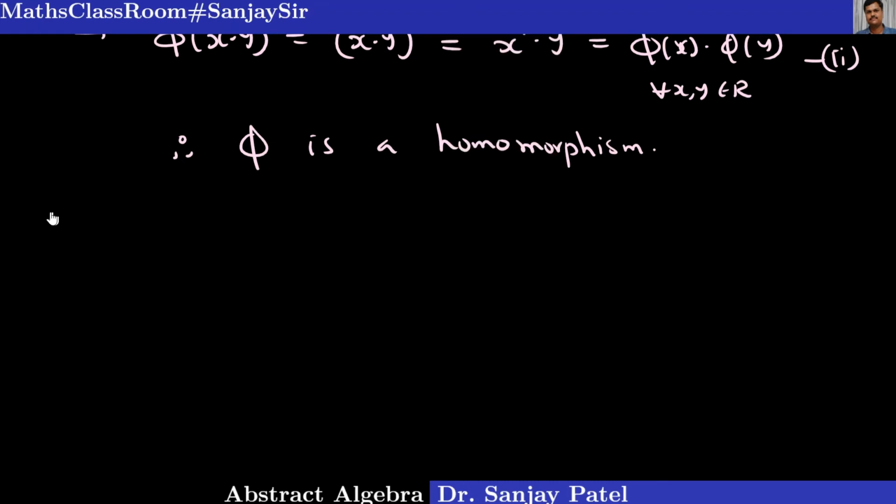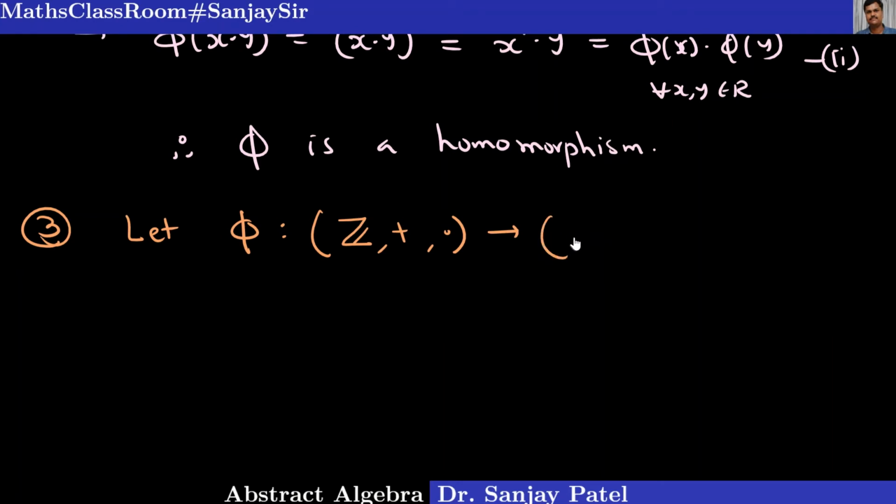Let us take the third one. Let phi be a function defined from the ring of integers Z, plus, dot, where plus and dot are the addition and multiplication of integers, to the ring Zn, plus n, dot n of residue classes modulo n, for n belonging to capital N. That is, n is some fixed natural number.